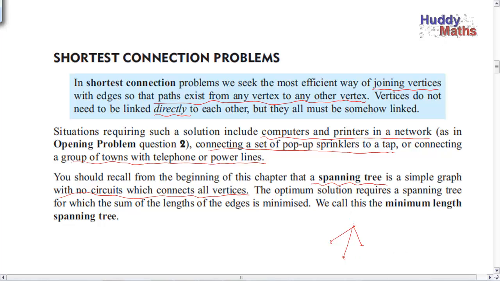We don't have to have a circuit. And then if that's the water supply, or maybe this is the water supply, we'd tend to lead it there and then come out. The question is, what is the best way of spanning all of those nodes, all of those connecting points? So we're looking for the minimum length spanning tree to keep the pipe work down or the power line lengths down. Okay, so that's the idea.